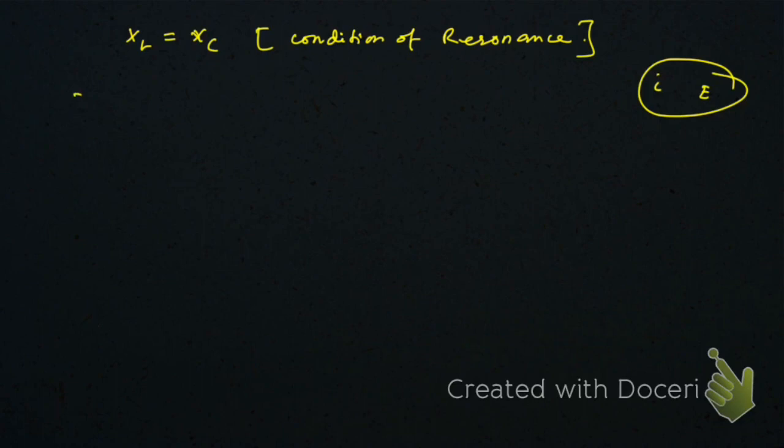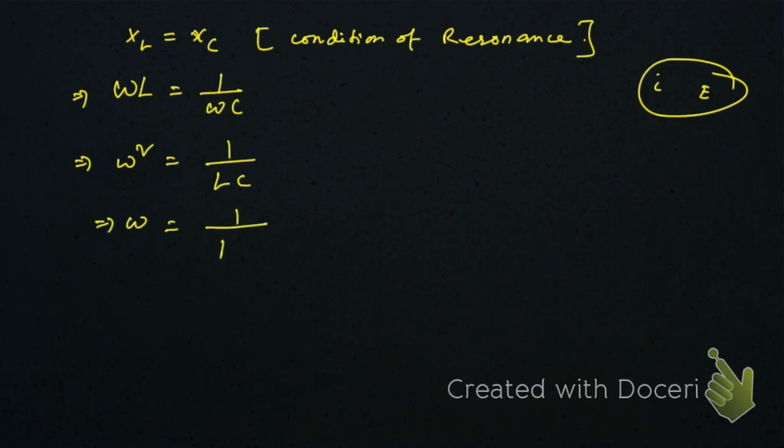So XL means omega L, and XC is 1 by omega C, and from here you will get omega square equal to 1 by LC, and omega will be equal to 1 by root over LC.